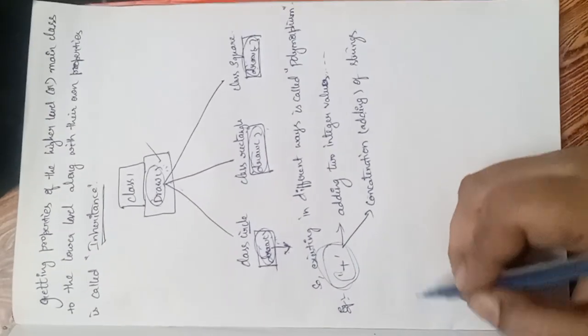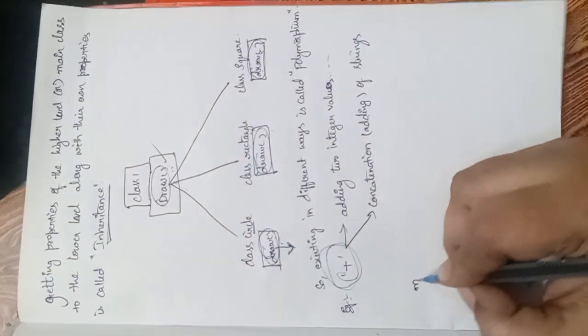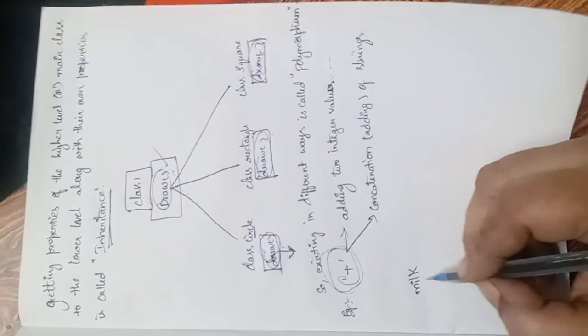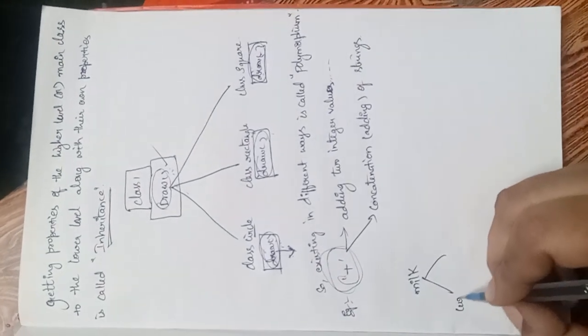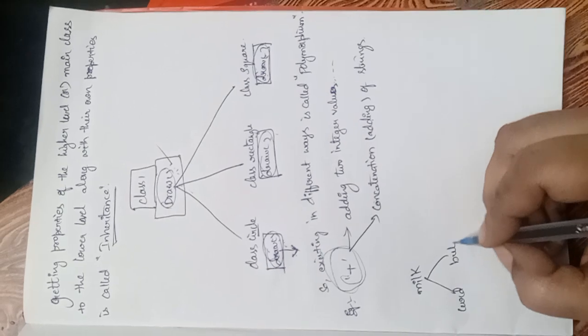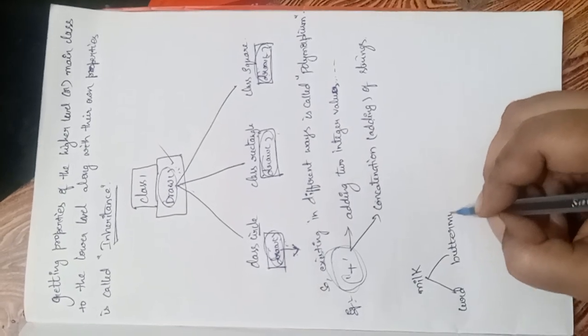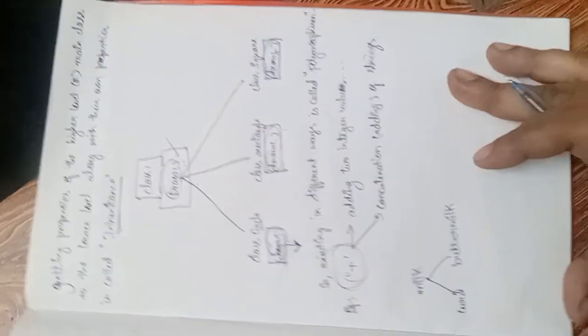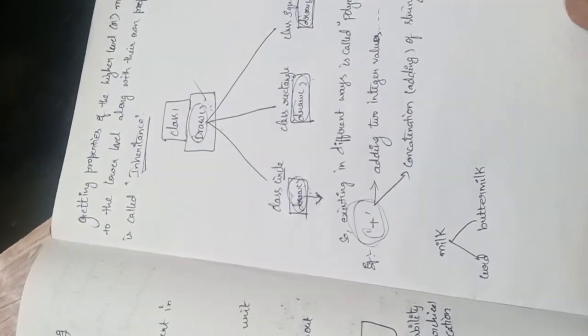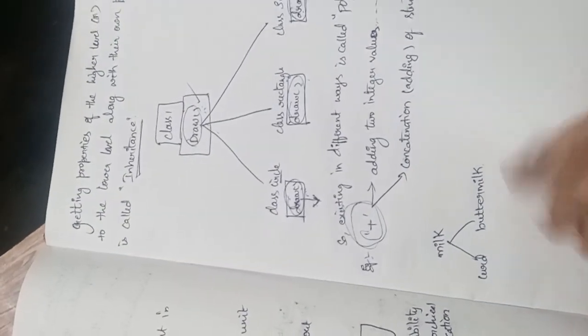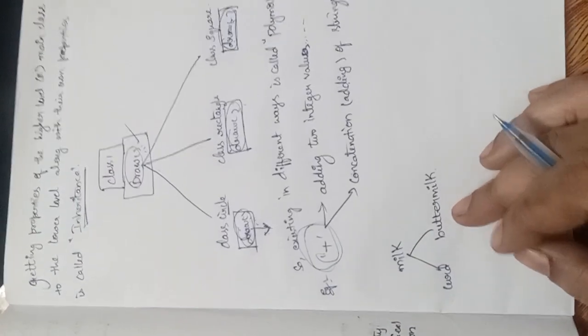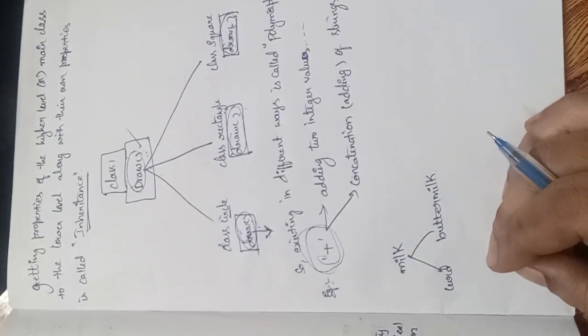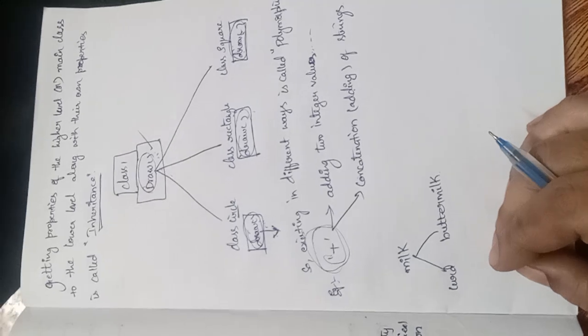Say for example, one more generalized example: milk becomes curd or buttermilk. From curd or buttermilk you can get butter, cheese, ghee.